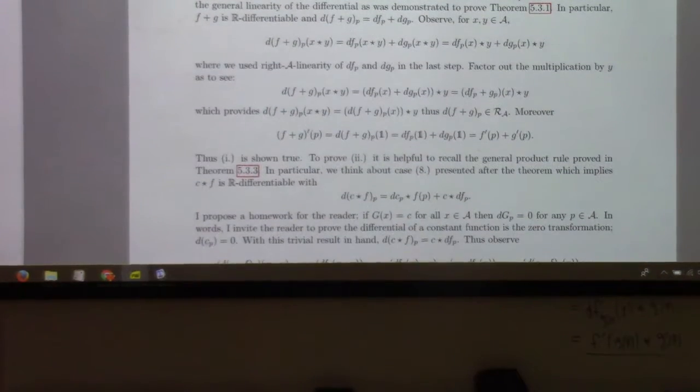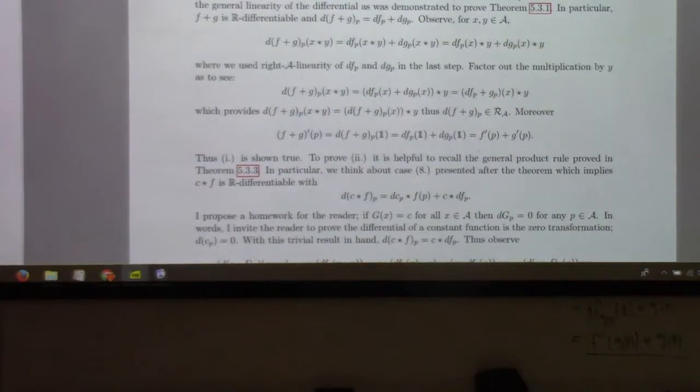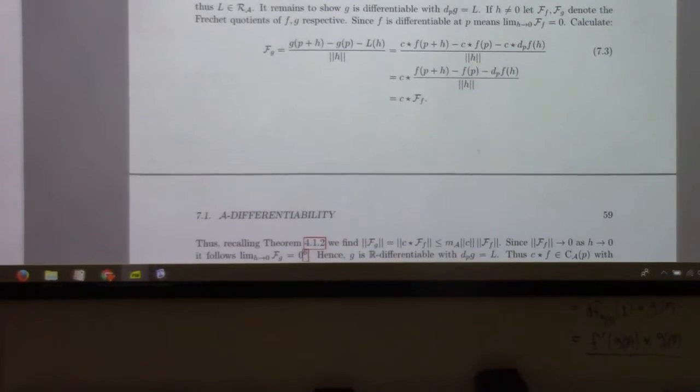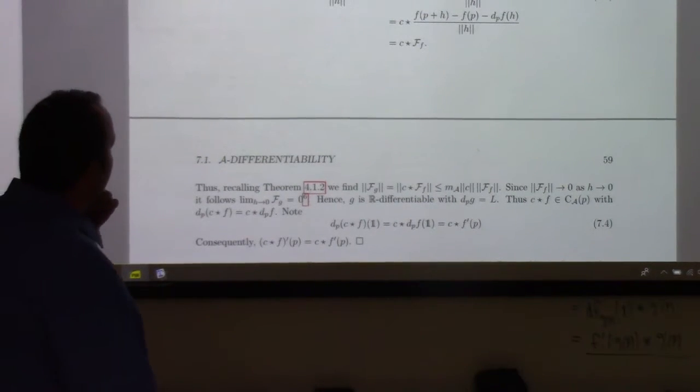Here is the proof of the sum and the product rule that I just went through. So here's the proof of two. I have a proof of 2 also that stands alone without using the Uber product rule.